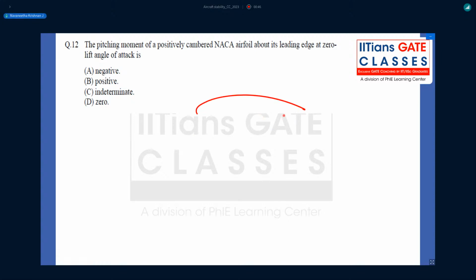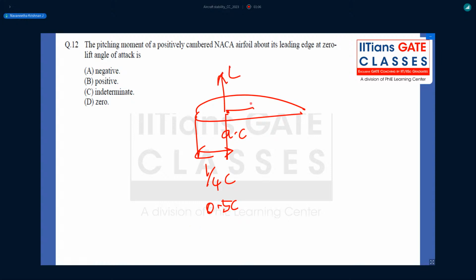If you see any aerofoil, the aerodynamic center of a subsonic aerofoil lies at the quarter chord point. For a supersonic aerofoil, the same point lies at the half chord point. So about the aerodynamic center only lift and drag act.